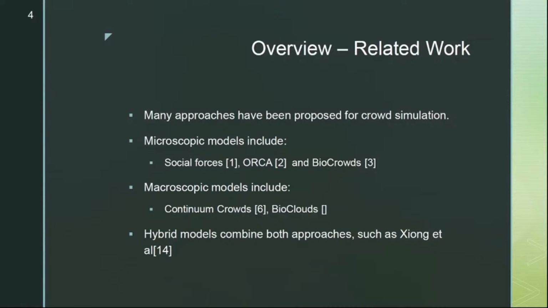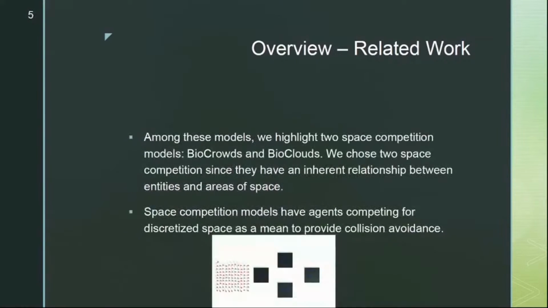Stylianou et al. combined continuum crowds and the ORCA model by defining regions to be simulated with each model. Among these models, we highlight BioClouds and BioCrowds as spatial competition algorithms, where entities compete for space discretized in the form of space markers.